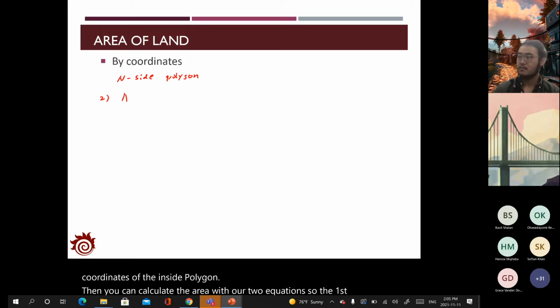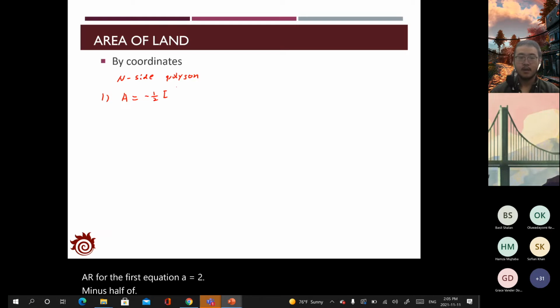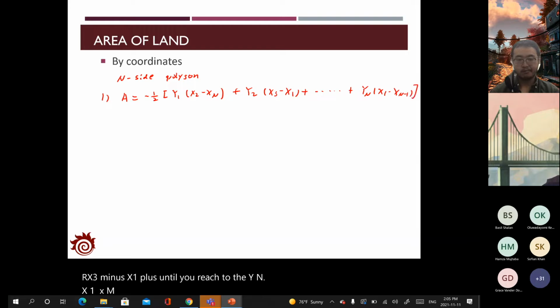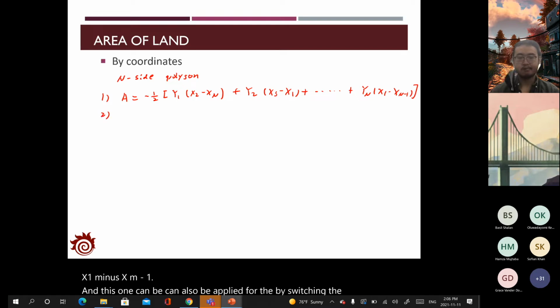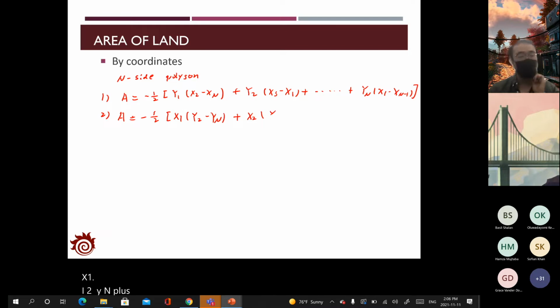The first equation: A equals minus half of y1(x2 minus xn) plus y2(x3 minus x1), and so on until you reach yn(x1 minus x(n-1)). This can also be applied by switching the sign of x and y, so you have the value as minus half of x1(y2 minus yn) plus x2(y3 minus y1), until you get to xn(y1 minus y(n-1)).